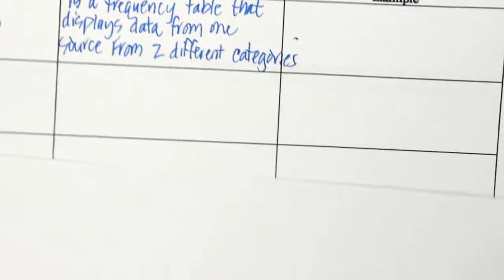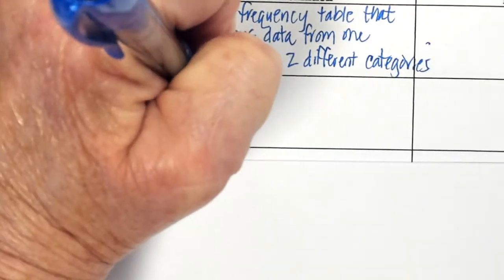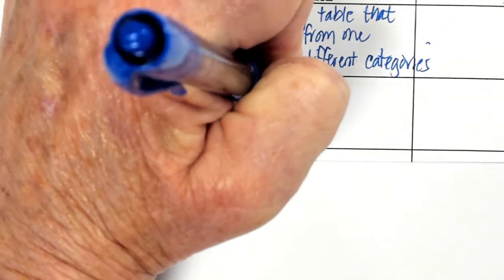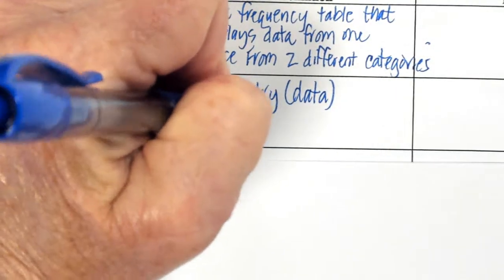The second word that we're going to look at is joint frequency. Joint frequency is simply the data, or each entry, in my two-way table.